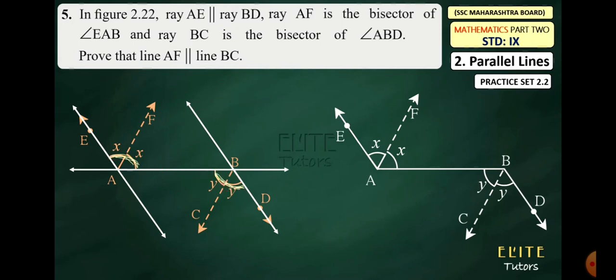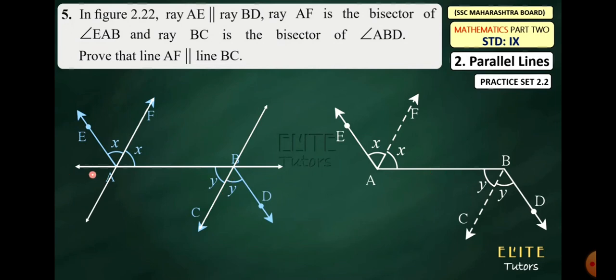Similarly, if we extend AF and CB, we will use the alternate angle test and we can prove line AF is parallel to line BC.